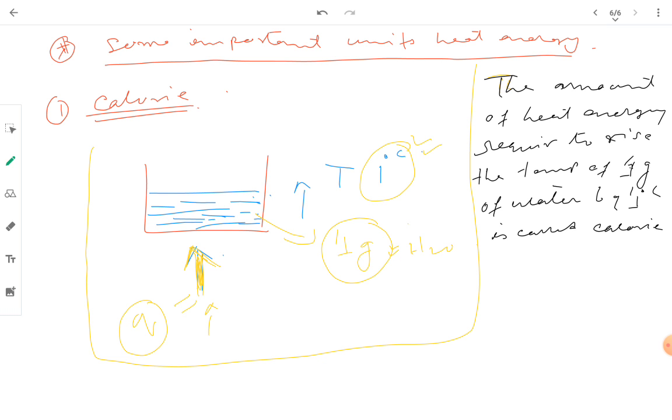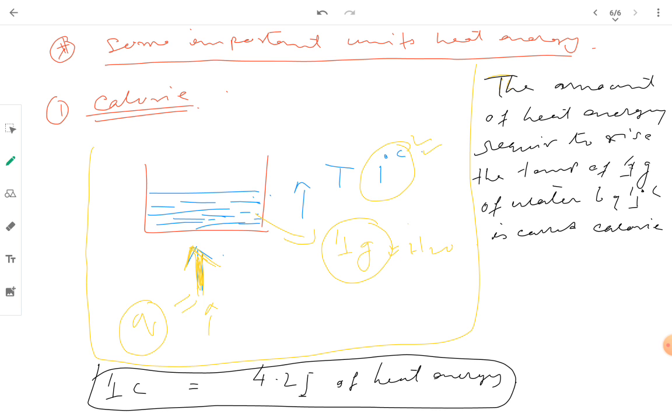Another thing: 1 calorie contains how much heat energy? 4.2 joule of heat energy. We need to remember this, very important. By looking at the diagram, it is very clear to remember the definition.